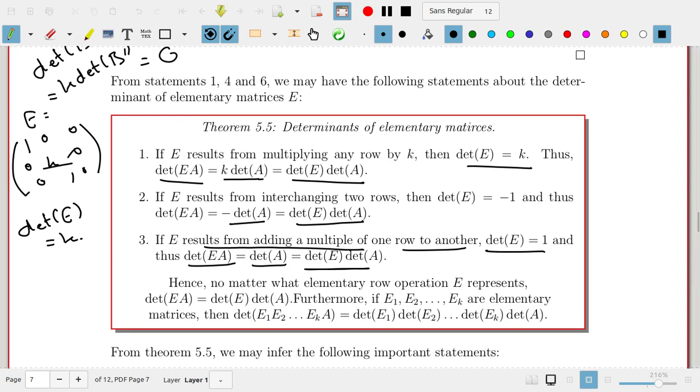So this is equal to the determinant of E times the determinant of A. No matter what happens, the determinant of E times the determinant of A is equal to the determinant of EA.